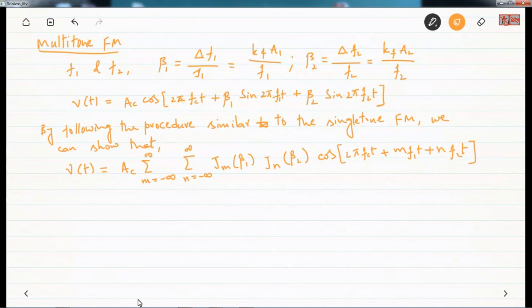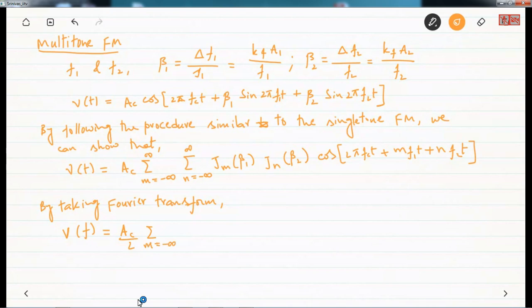And if we take the Fourier transform of this, what we get is V of f, which is AC by 2, because this cos we will write as e power j theta plus e power minus j theta by 2, right? So that by 2 will come here.